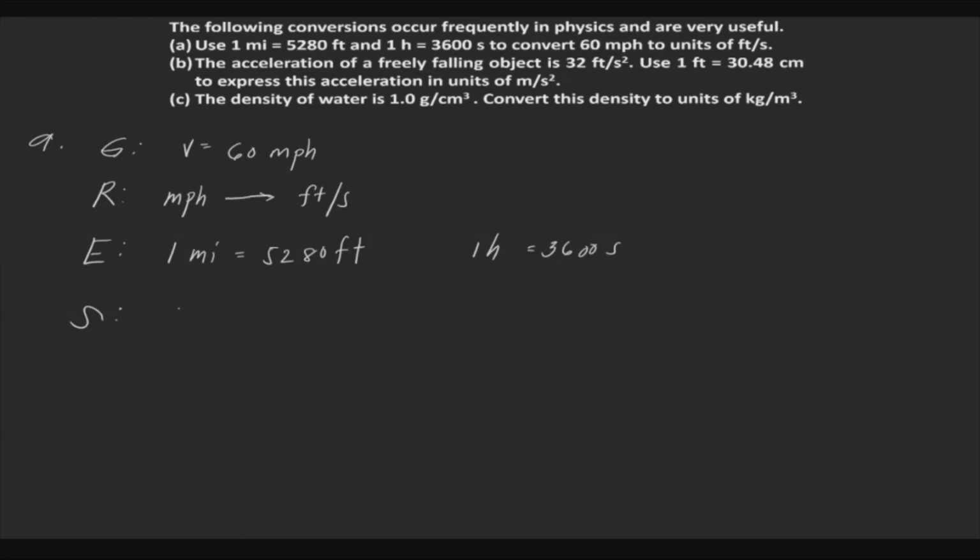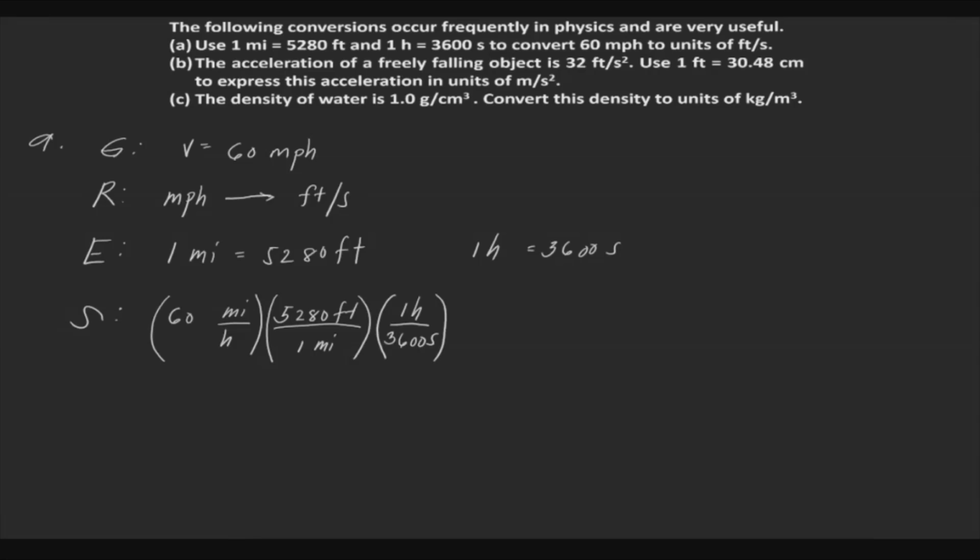Next, we plug in our conversion factors to our solution. We have 60 miles per hour multiplied with the conversion factor, miles to feet. We have 5,280 feet in 1 mile. And then we multiply the conversion factor for hours to seconds. For every 1 hour, we have 3,600 seconds.